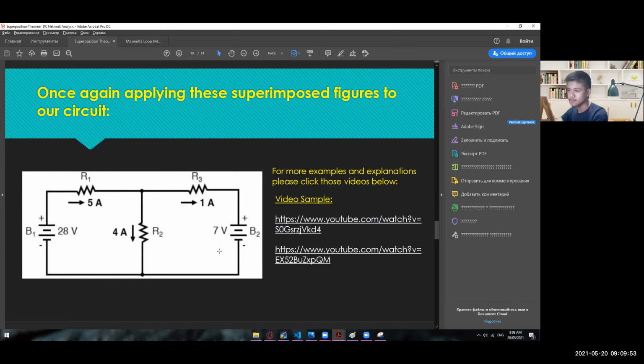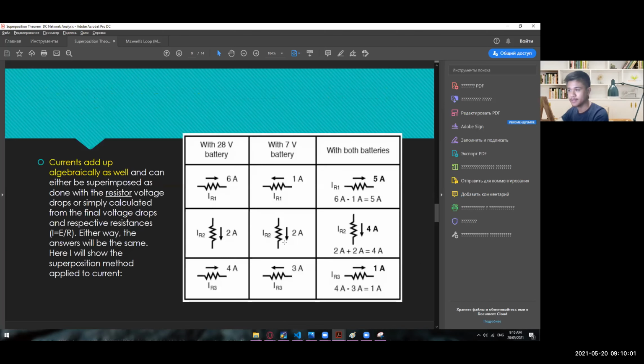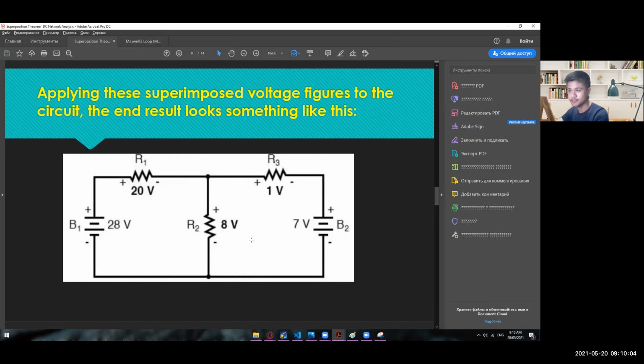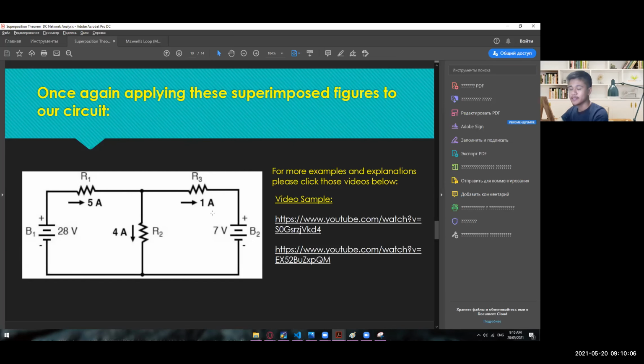Okay, so there you go. This is now the final superimposed values for current and then for the voltage.